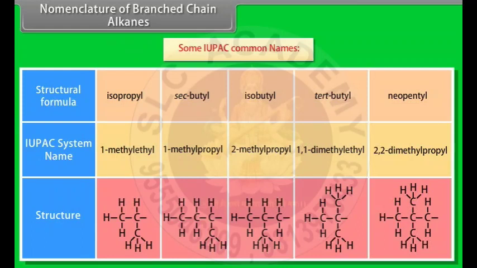Common name is isobutyl, its IUPAC name is 2-methyl propyl, and its structure is this. Common name is tert-butyl, its IUPAC name is 1,1-dimethyl ethyl, and its structure is this. Common name is neopentyl, its IUPAC name is 2,2-dimethyl propyl, and its structure is this.